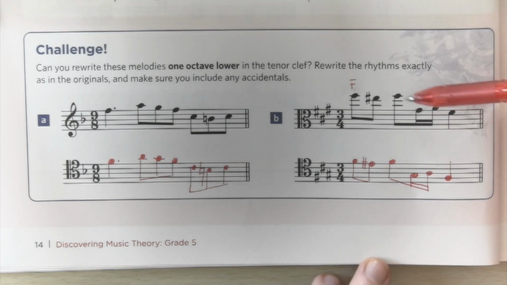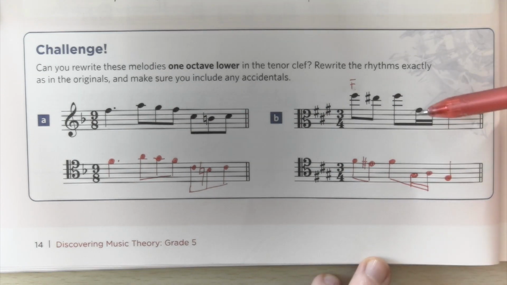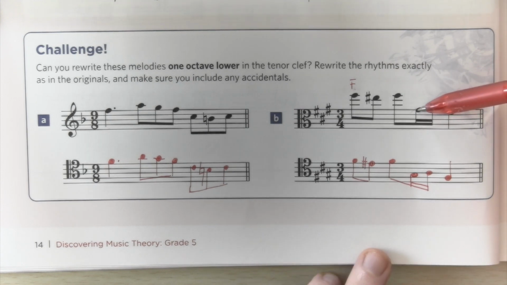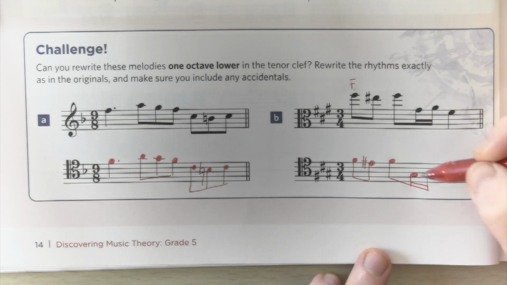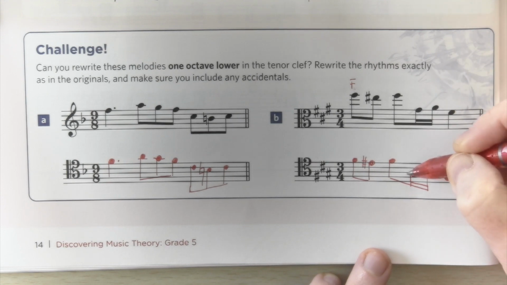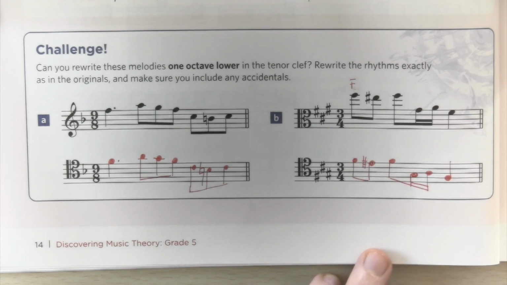Now, if you want to double check if these 2 notes are correct, you can count the interval of these 2 notes. So it's 1, 2, 3, 4, 5, 6, 7 notes above. So 1, 2, 3, 4, 5, 6, and 7.